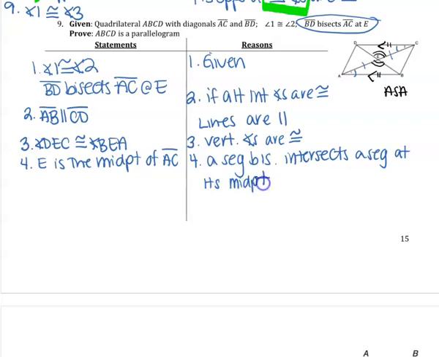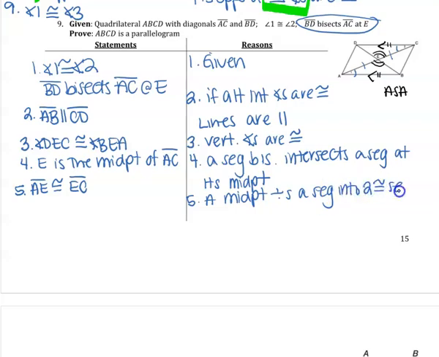Whew. I almost started doing what you guys do, where you start blending it with a midpoint. That's what's coming next. So now it's step 5. I'm going to say AE is congruent to EC. A midpoint divides a segment into 2 congruent segments.